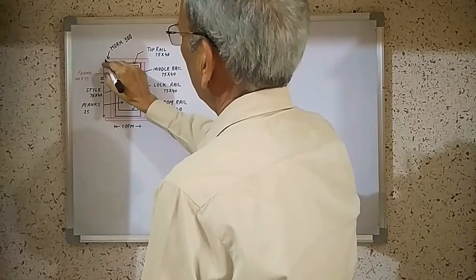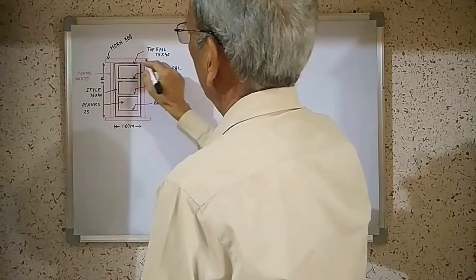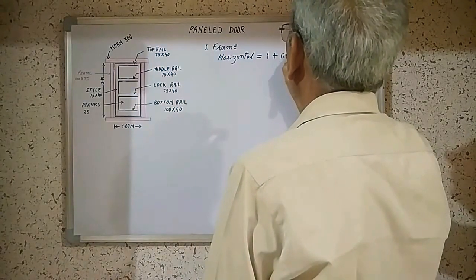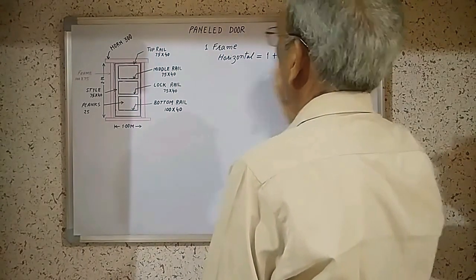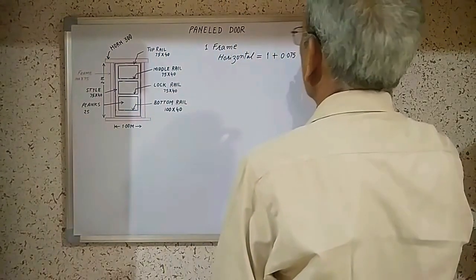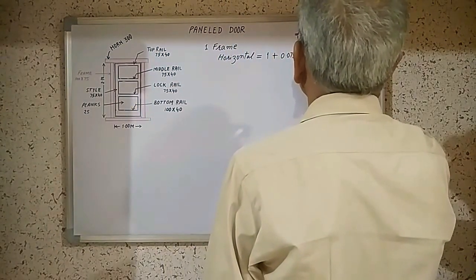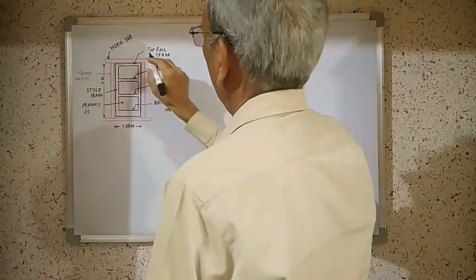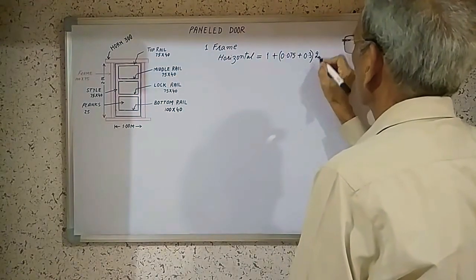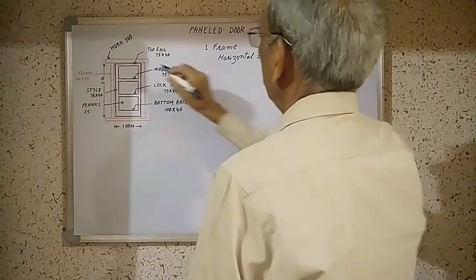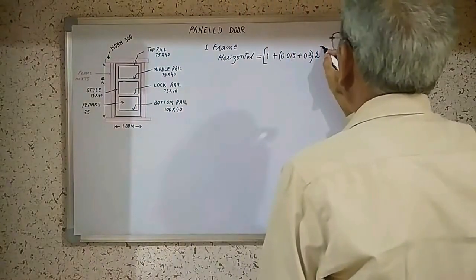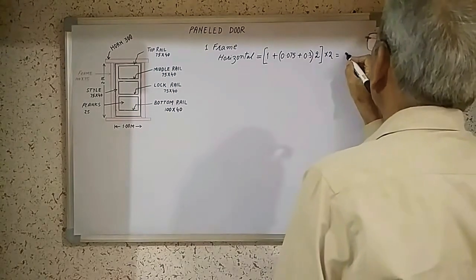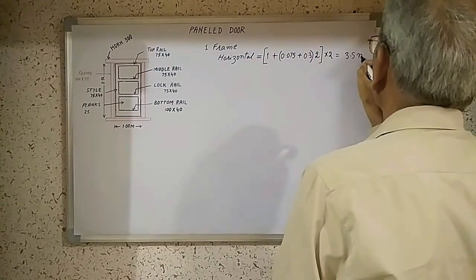Here we are calculating the total length of this frame, top frame, then 0.075 plus this horn 300. Now we will take both sides, 1 and 2, multiply by 2, then this member and bottom member again multiply by 2. The calculation will come to 3.5 meter.